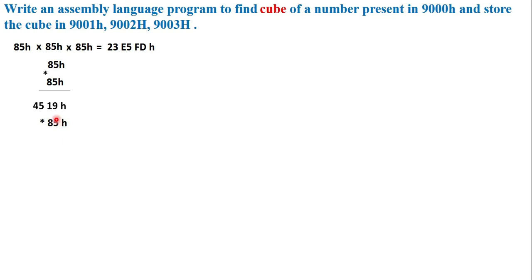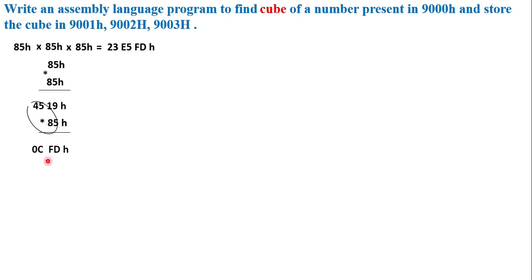So we need to split this 16-bit number into two 8-bit numbers and perform two multiplications. That is, we first need to multiply 19 into 85, and then we need to multiply 45 into 85 and then add the two results. First we perform 19 into 85. The result we obtain is 0CFD hexadecimal, and after this we need to multiply 45 with 85.